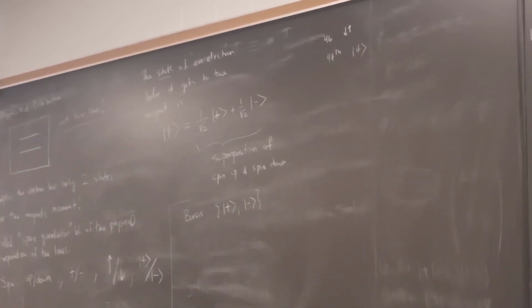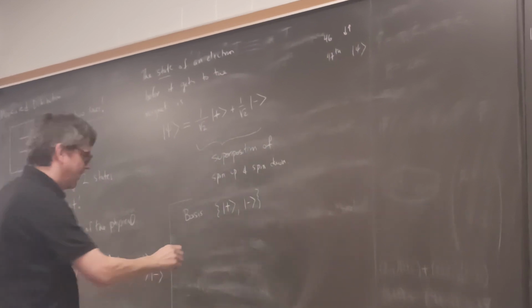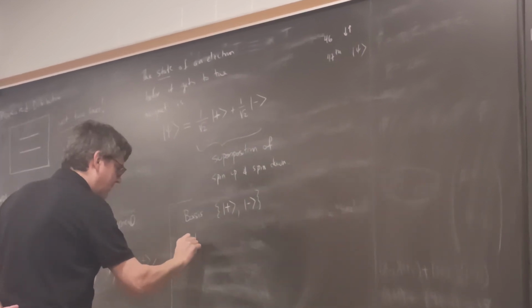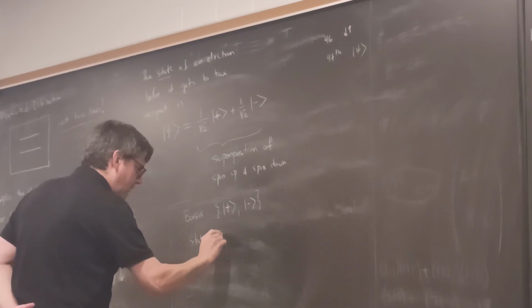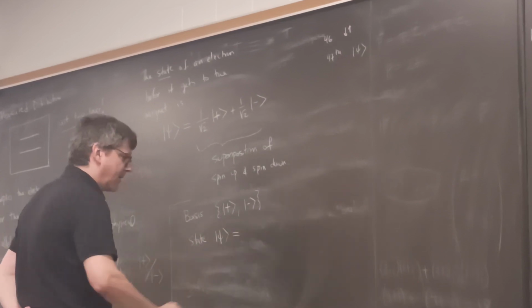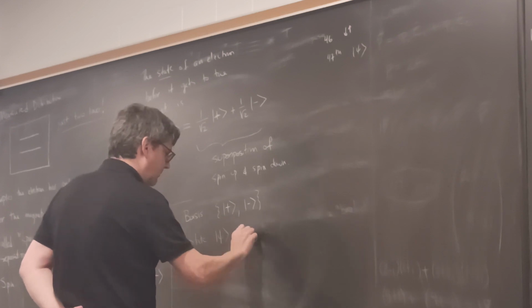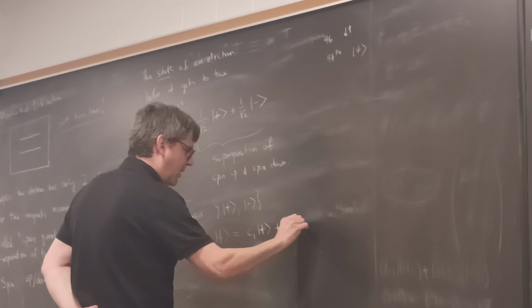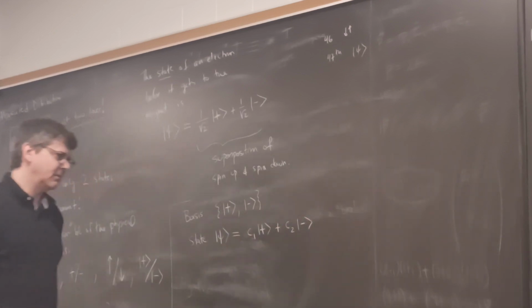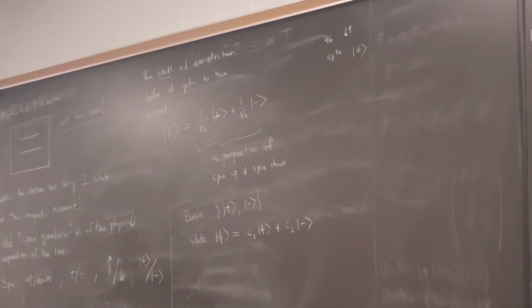Okay? And I can write my state psi as a linear combination, C1 plus C2 minus, that's just a state with two vectors.